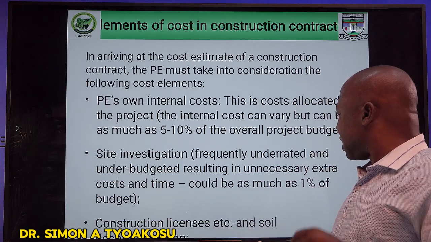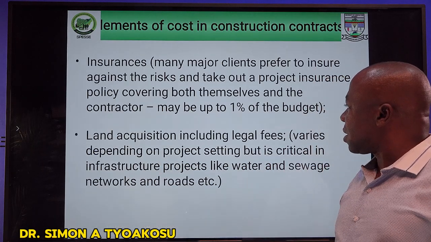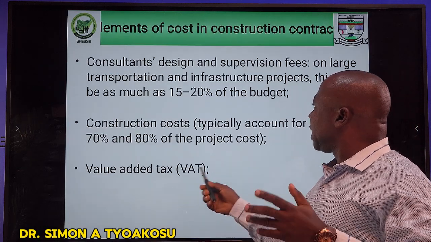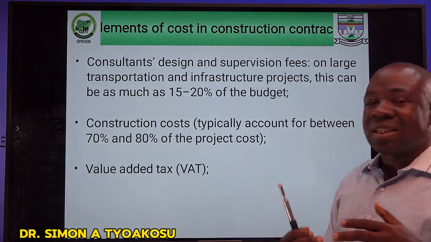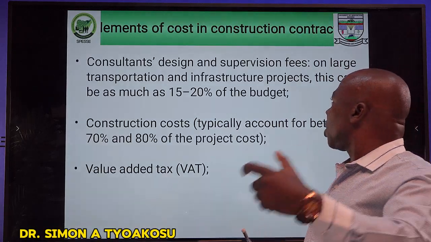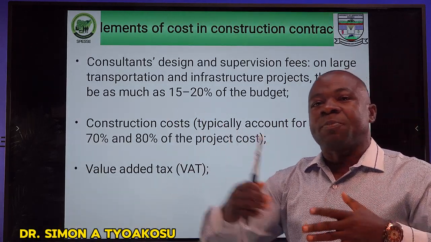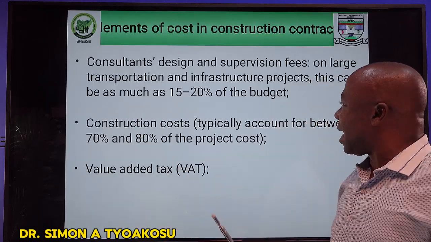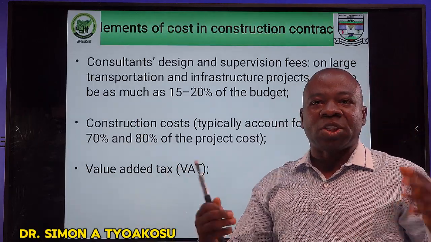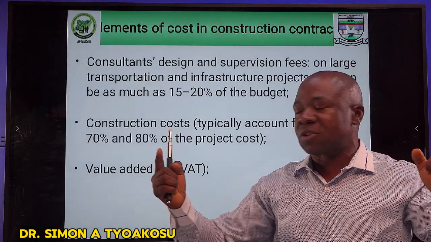The construction licenses, as well as issues of soil, insurances, land acquisition, as well as legal fees, and consultants that will help you to design the facility you want to bring up, or even look at the work throughout the period for purpose of supervision, as well as construction costs. The expectation is the construction cost should be between 70 to 80% of the entire project cost.